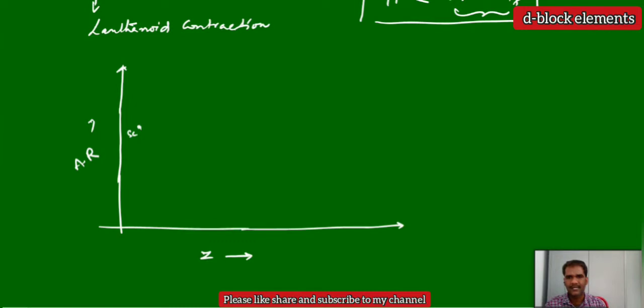Let us start with scandium. It decreases up to almost manganese, and then after we can see it almost constant, and then up to nickel it will change, and then after it will increase up to zinc. So this is for the 3d series.